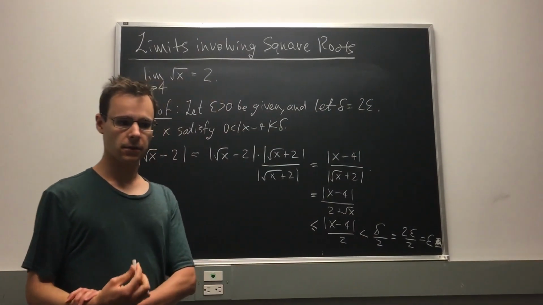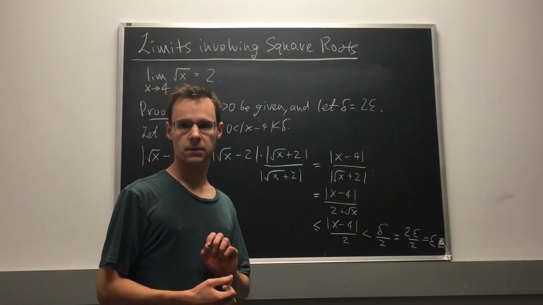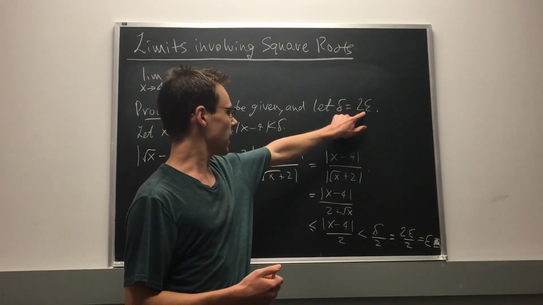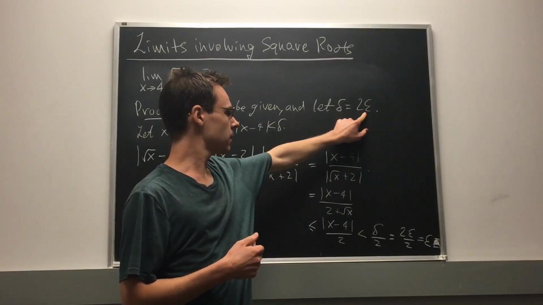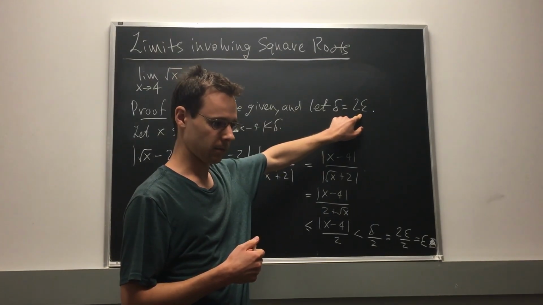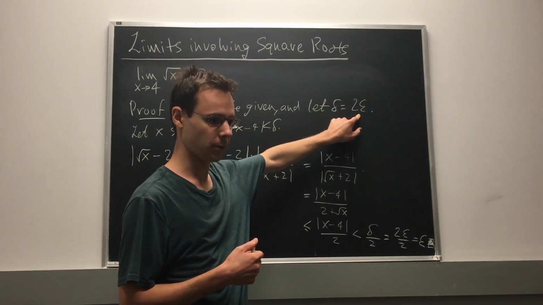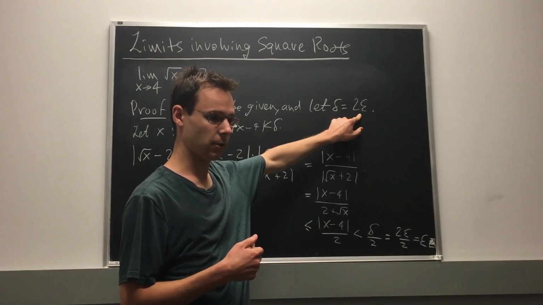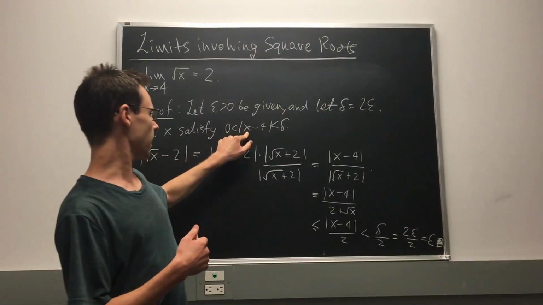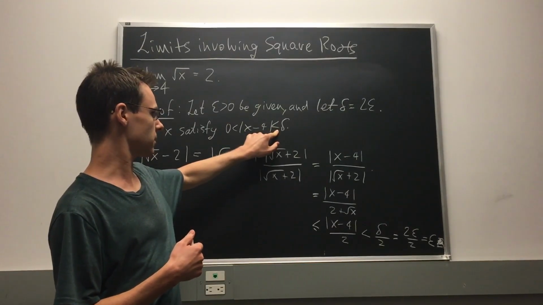Now, there is a very, very subtle point to be made over here. If our epsilon happens to be very big, then our delta, 2 times epsilon, will also be big. Perhaps even bigger than 2. Now, that's a no-no, because look what we have here. |x - 4| has to be smaller than delta.